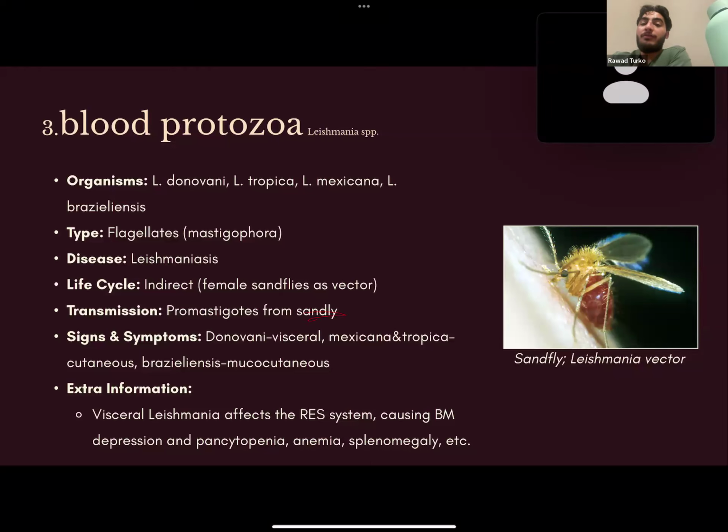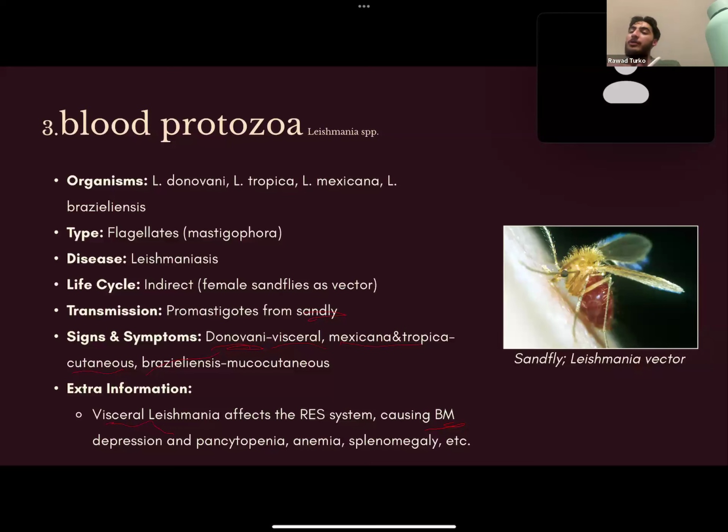Okay, so for signs and symptoms. Now, Donovani causes visceral leishmaniasis. Mexicana and Tropica cause cutaneous, and Brazil causes mucocutaneous leishmaniasis. Okay, so the visceral leishmania affects the reticuloendothelial system. So what does that cause? It causes splenomegaly. It causes bone marrow depression and pancytopenia.